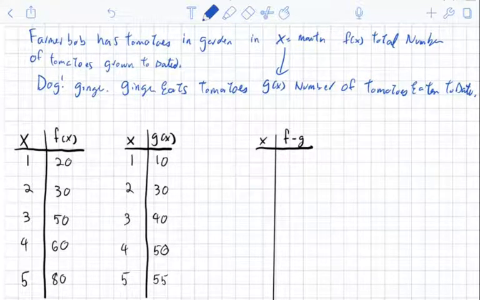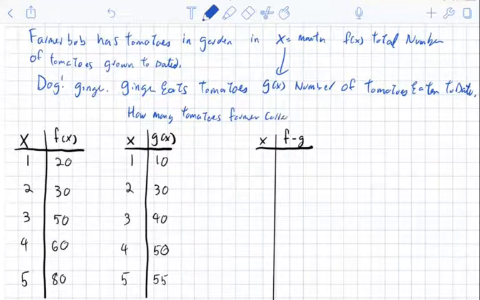And so we want to know how many tomatoes the farmer has at that month. How many tomatoes does the farmer currently have at month X? Okay.